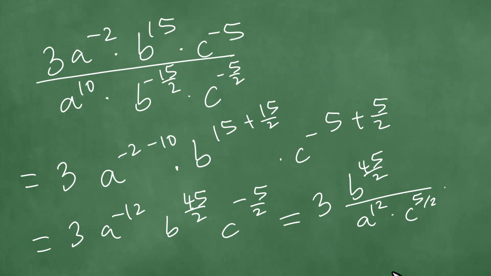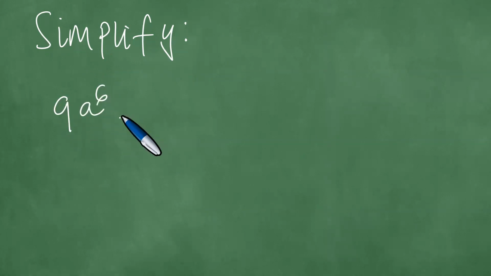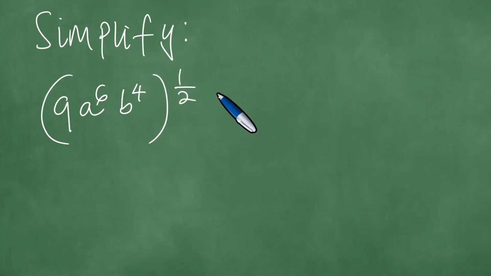Okay, let us look at another question. Simplify this one. If we have 9 a to the power 6 b to the power 4, raised to the power 1/2.